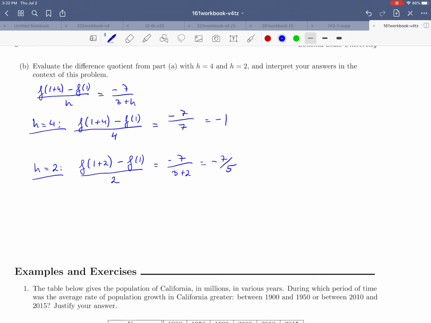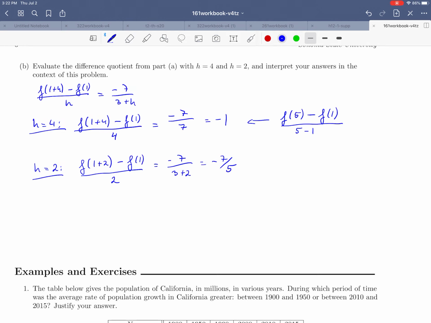Now, what do these numbers mean? The first difference quotient, if you're looking at that f of 1 plus 4 that I wrote down, that is f of 5 minus f of 1 divided by 4. And that 4 you can think of as 5 minus 1.